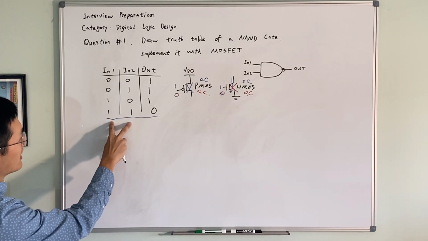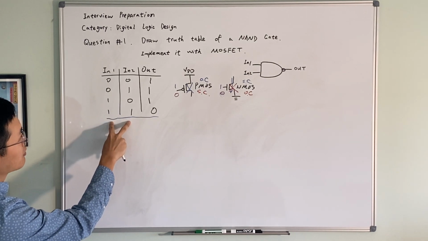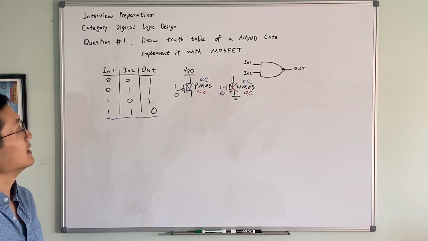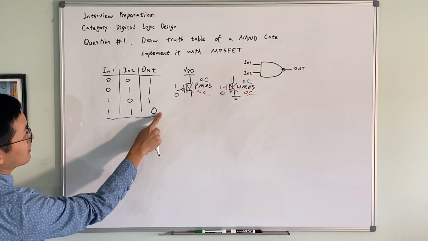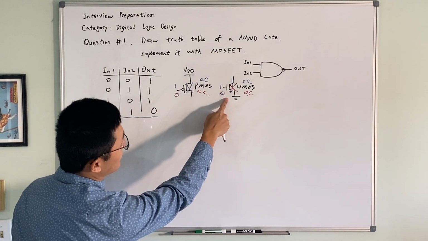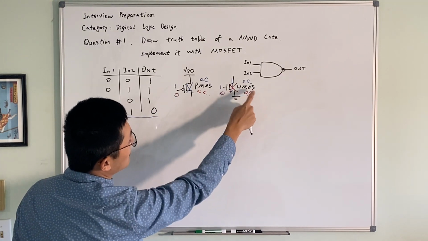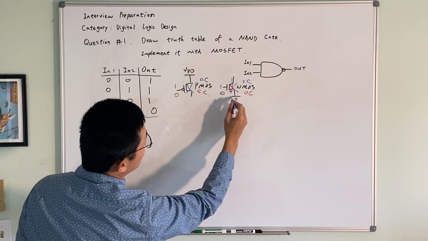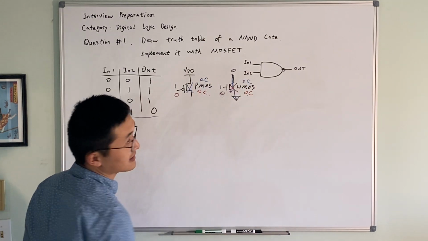So if it requires both 1 and 2 to be true, then 1 and 2 are probably connected in series. And because the output that we desire is a 0, we probably want a pull-down network instead of a pull-up network. Because when the NMOS closes, then the ground pulls it down so that the output gets a logic 0.